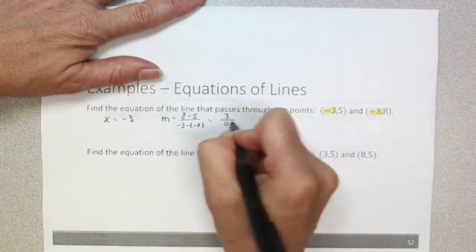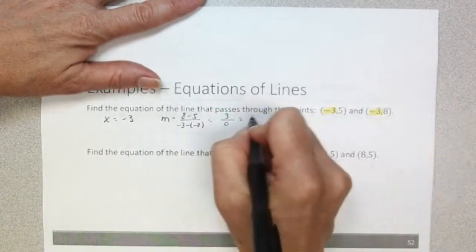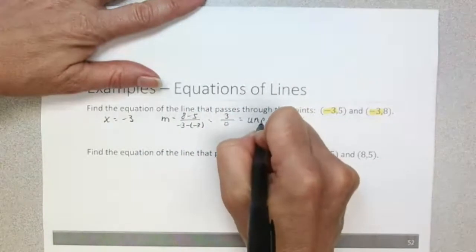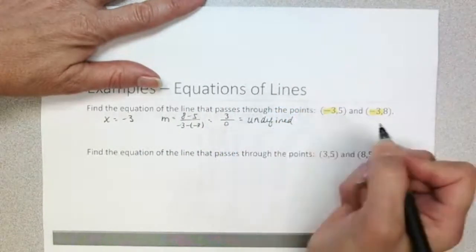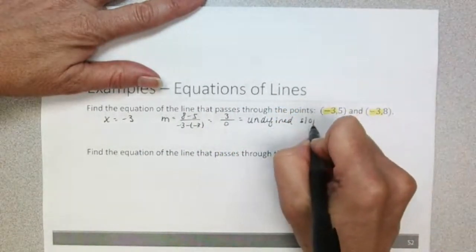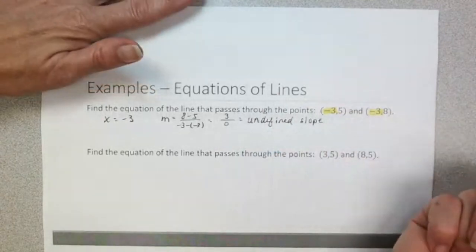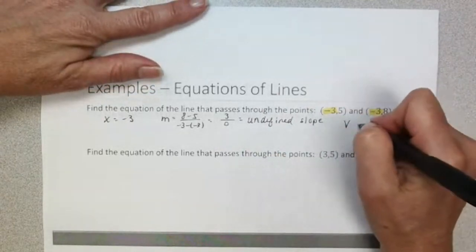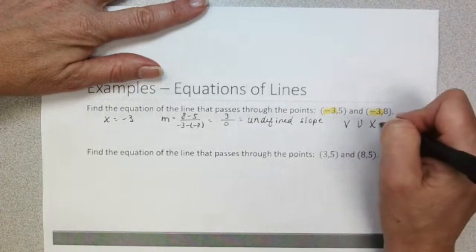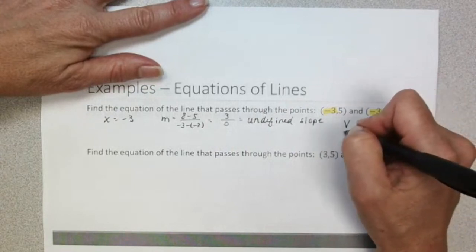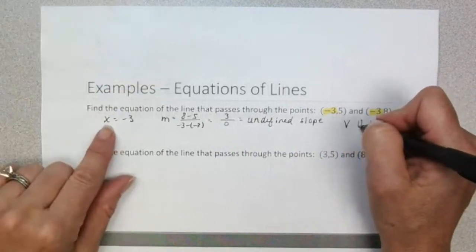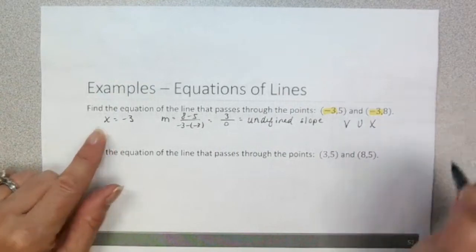I'd get 3 over 0, and then I'd remember, oh yeah, can't divide by 0. That's an undefined slope. An undefined slope, I think about that acronym, VUX-HOY: undefined slope applies to the VUX part, the undefined. A vertical line has an undefined slope and has an equation x equals some constant.